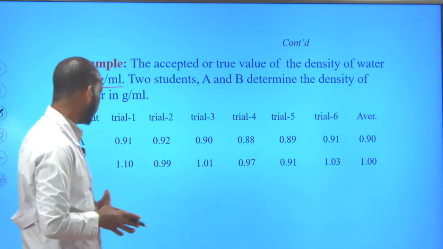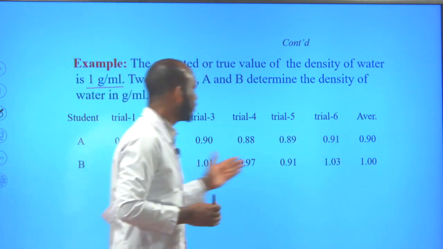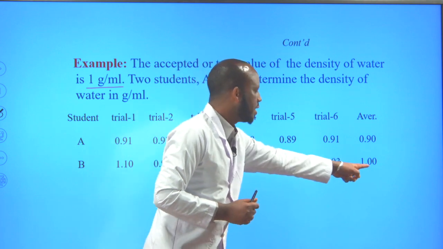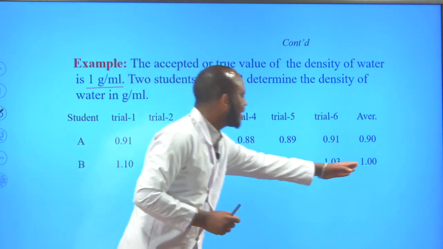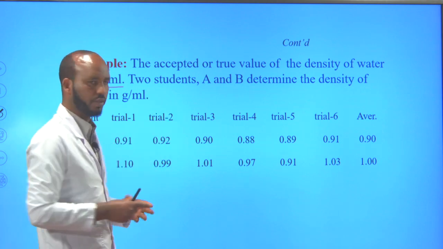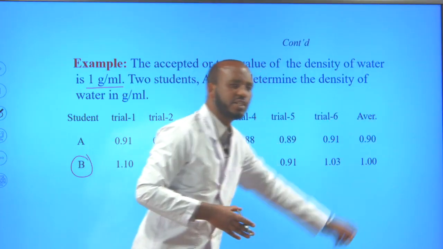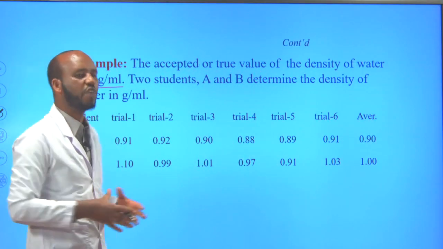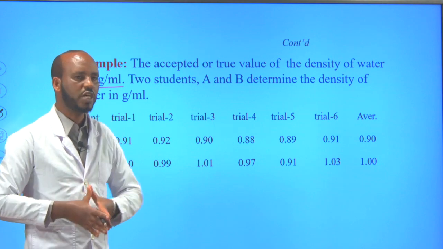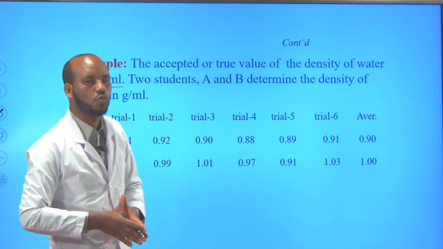Good. The average value of measurements of student B is 1. Now this coincides with the true value, the accepted value. Therefore, student B made an accurate measurement. The average value, which is 1 gram per milliliter, coincides with the true value. As we said, accuracy is the extent to which a measured value coincides with a true value.